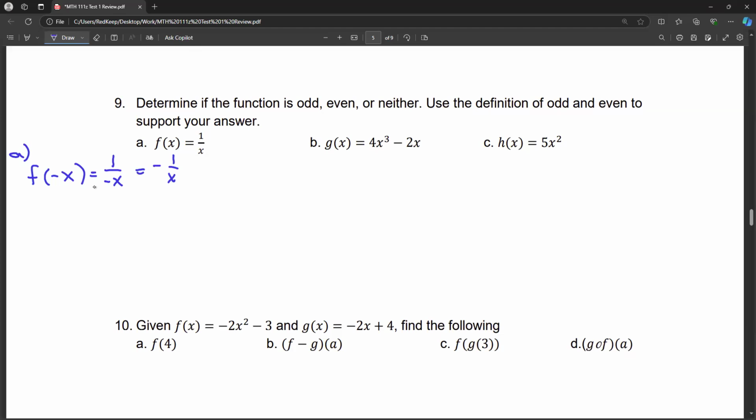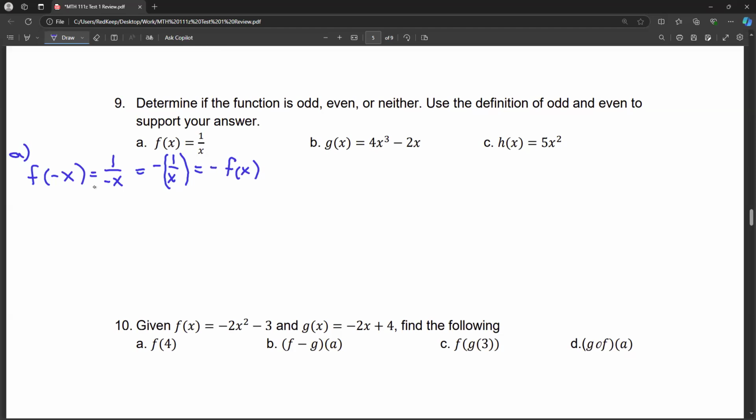And here, observe that we have negative 1 times 1 over x. So 1 over x, as indicated in part A, is actually equal to the function f of x. So instead of writing 1 over x, I might write f of x, but I have to indicate the negative sign on the outside.